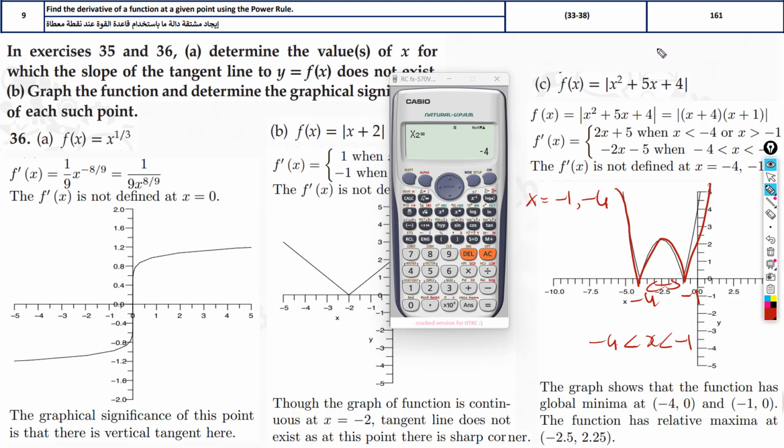Let's derive this negative part of the derivative. It's 2x plus 5. Now change the sign, will be minus 2x minus 5 at, you can see it's written when, but it's fine, at this range. Now the positive part, 2x plus 5 at where? When x is greater than negative 1, or when it is less than minus 4. You can see over here, it's written other way around. X is less than minus 4 is written first and greater than.